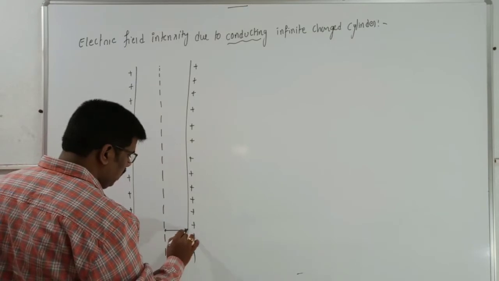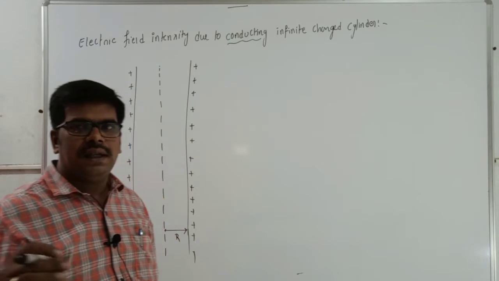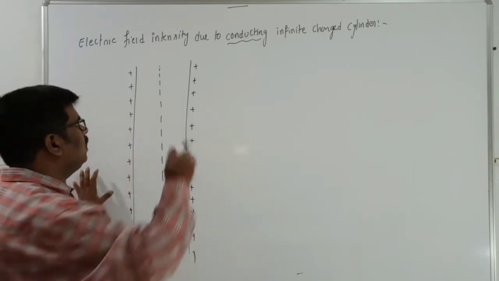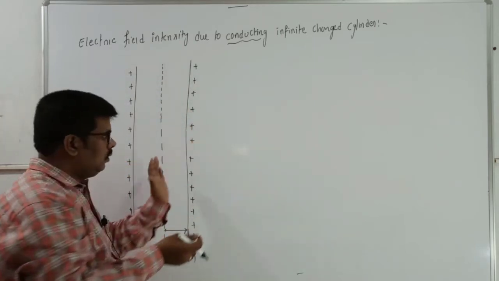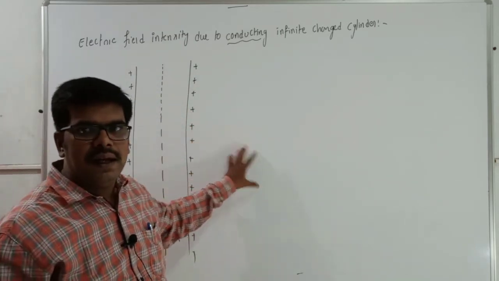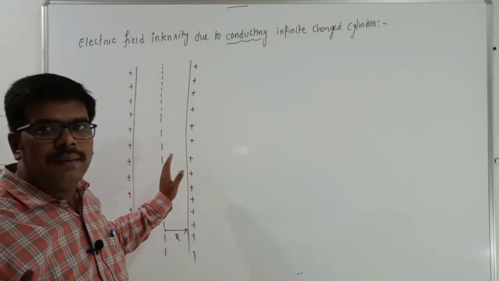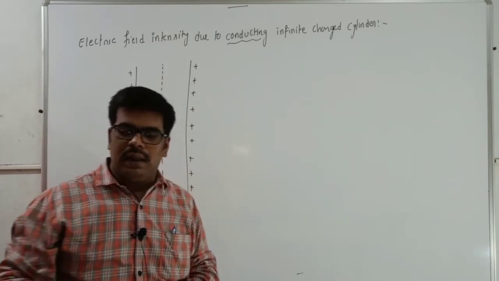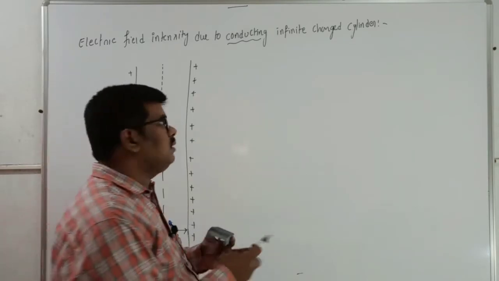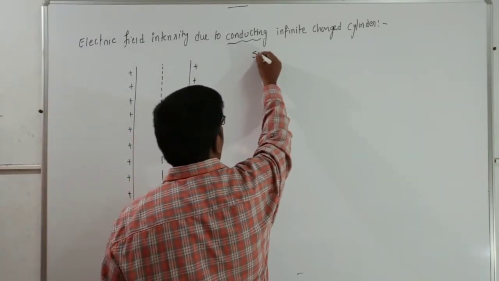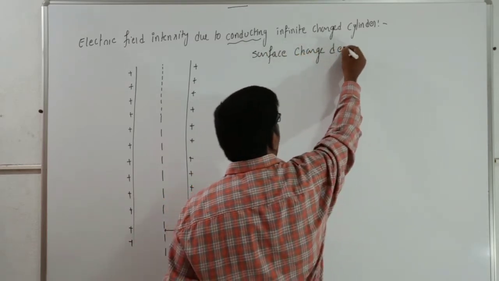Now you can understand the steps we follow to determine the electric field intensity due to this charged cylinder. At a distance r, we take one point outside the cylinder and find the electric field intensity; then on the surface of the cylinder, and then inside the cylinder. That we will be discussing. The surface charge density is sigma.